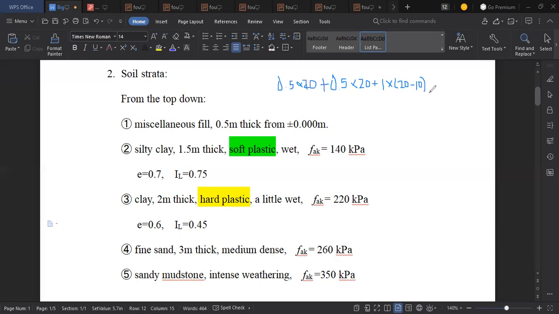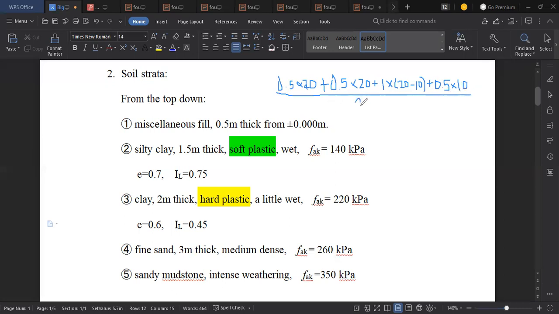Then we've said 2.5, so plus we've also got 0.5 in the third layer, 0.5 times the same 20 minus 10. I can just say 10, or you can say 20 minus 10 just to show the Laoshi. Then all this over the embedded depth. So this is your gamma M.